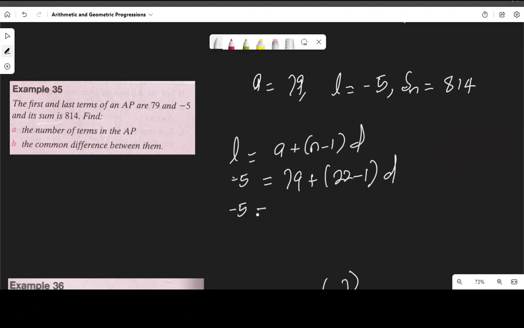Meaning negative 5 is equal to 79 plus 21d. Taking 79 across, that will be minus 5 minus 79 equal to 21d.